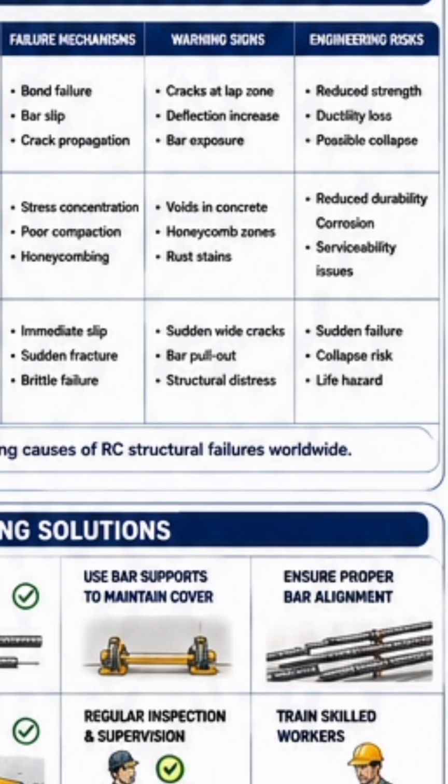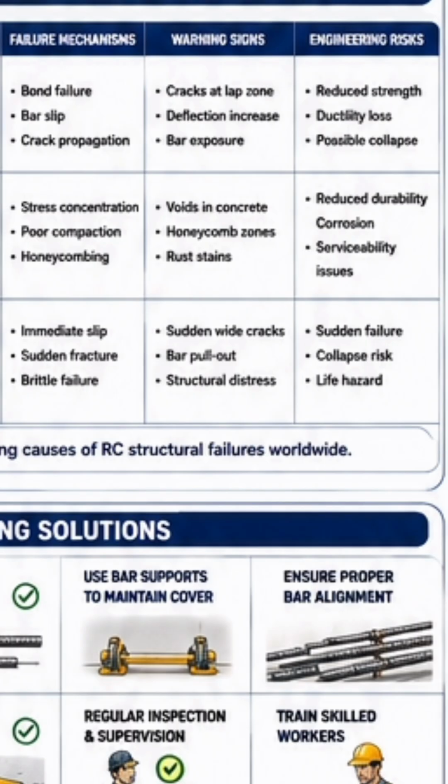Then we have sudden fracture, that is during your casting, you tend to see cracks and fracture on the concrete surface because of the lapping. Then we have brittle fracture. So all forms of fracture tend to occur.